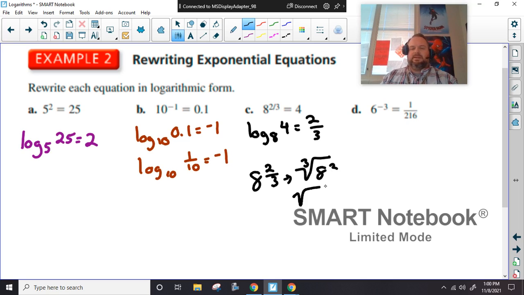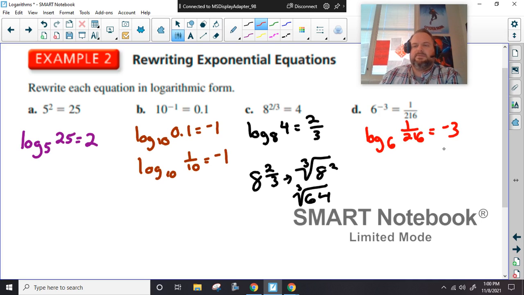Well, 8 squared is 64. Cube root of 64 is 4. Okay. And this one would be log 6 of 1 over 216 equals negative 3.